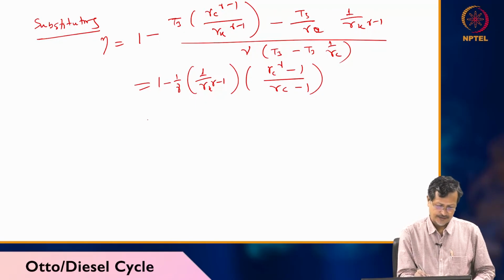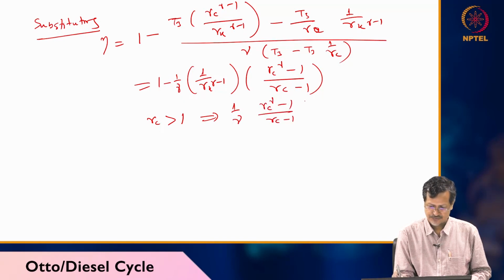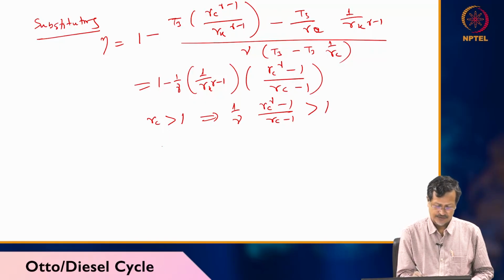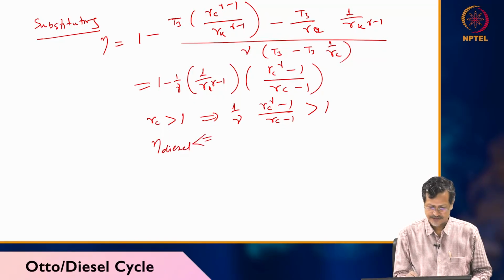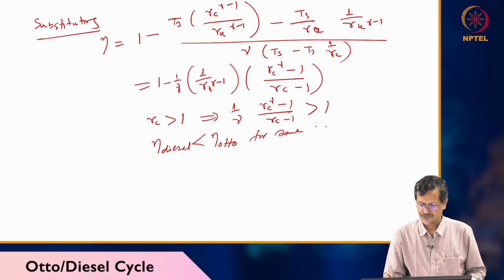As RC is greater than 1, the factor (RC^gamma minus 1) over gamma (RC minus 1) is greater than 1. So eta Diesel is less than eta Otto for the same compression ratio.